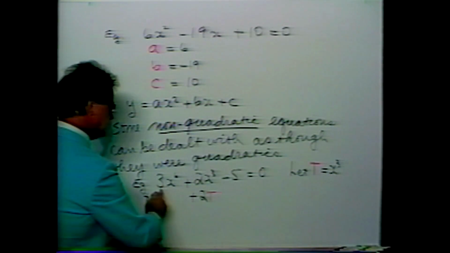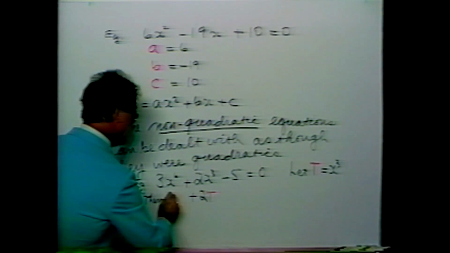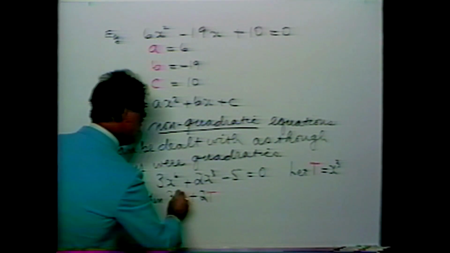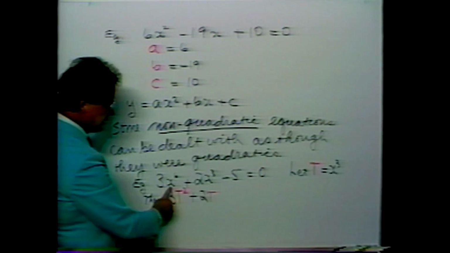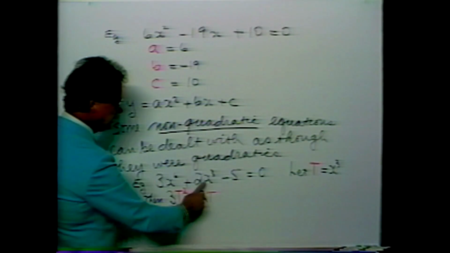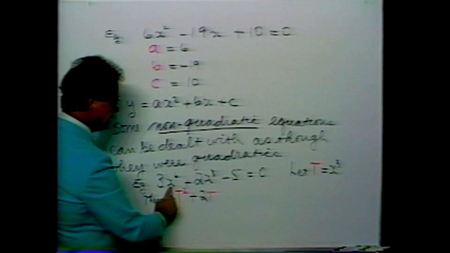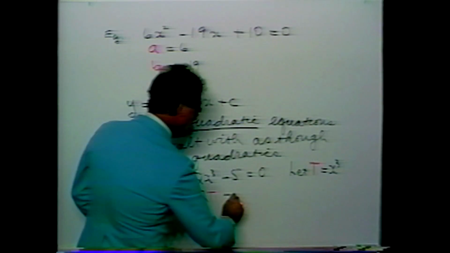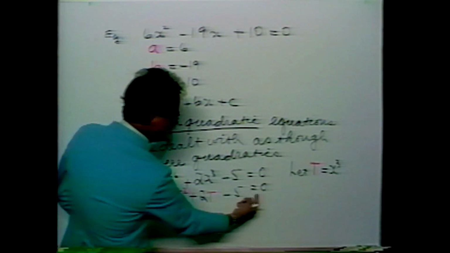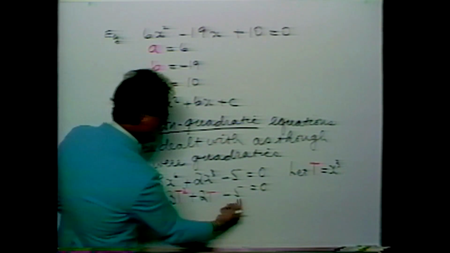And this part is 3t squared. T is equal to x cubed. Then t squared is x cubed squared, and that is x to the sixth. Minus 5 equals 0. This is a quadratic equation now.